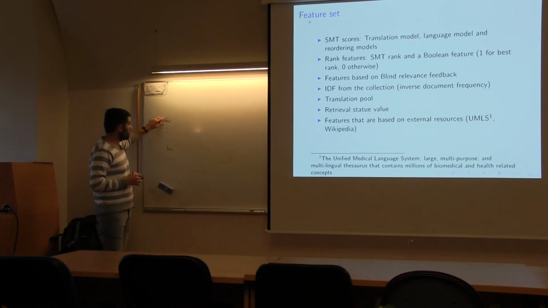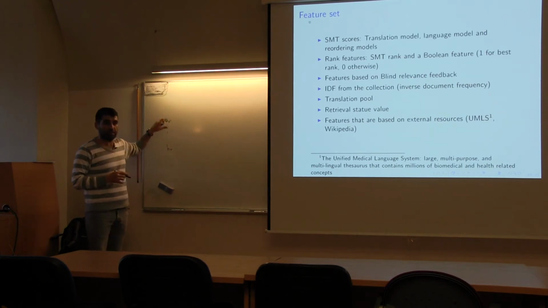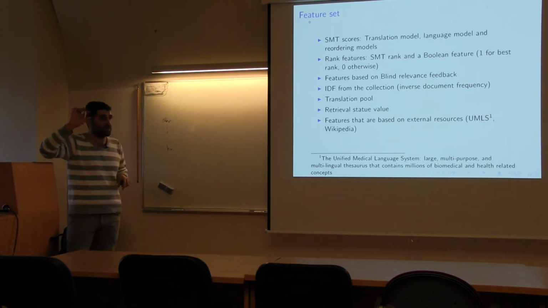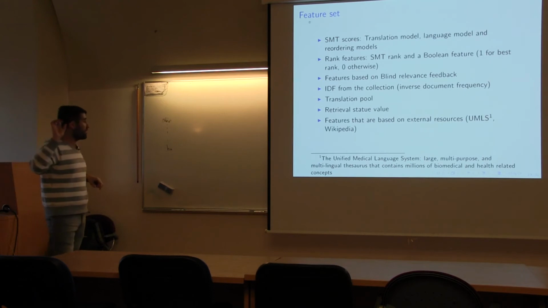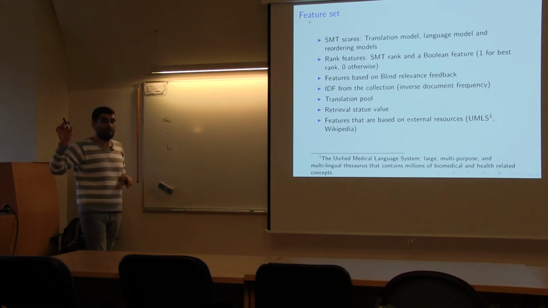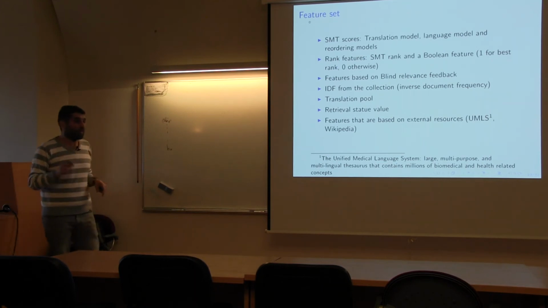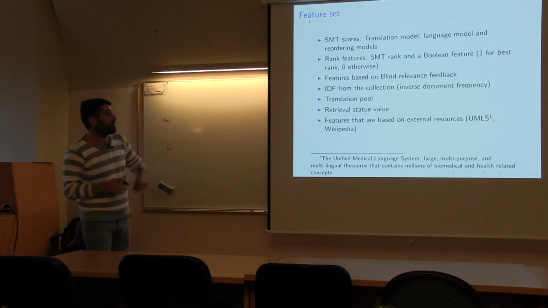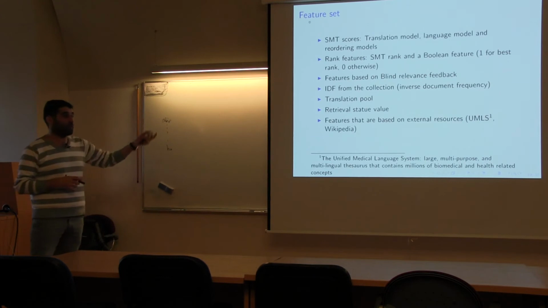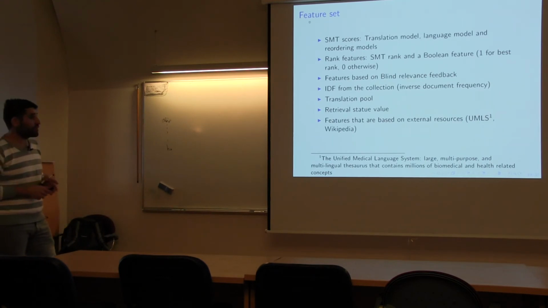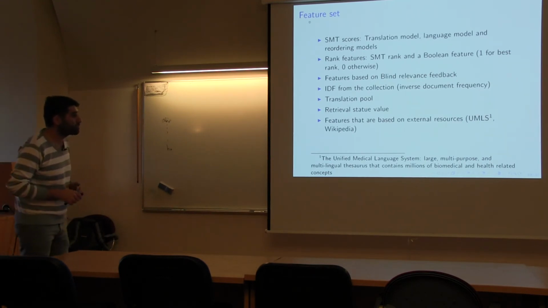For each one, we conducted retrieval, and we got the highest scored document. This document has a score, like a relevance score to this hypothesis, and this score is called the retrieval status value. We added it to our feature set for each hypothesis.